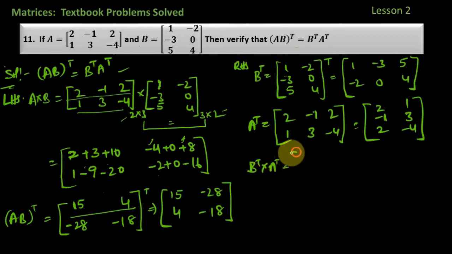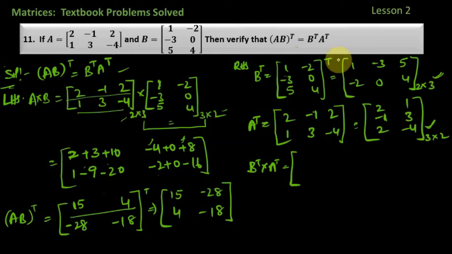Okay. First you check the order. The order of matrix B transpose is 2 rows, 3 columns. Then the order of the A transpose matrix is 3 rows, 2 columns. The number of columns of the first matrix should be equal to the number of rows of the second matrix. Since these two are equal, multiplication is possible.